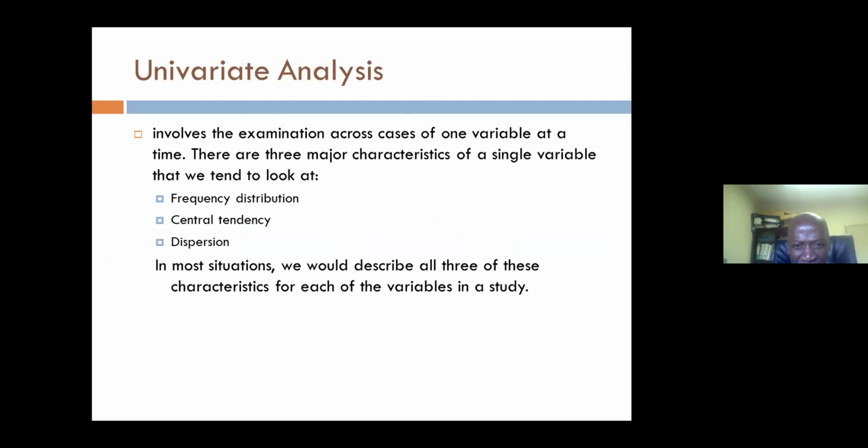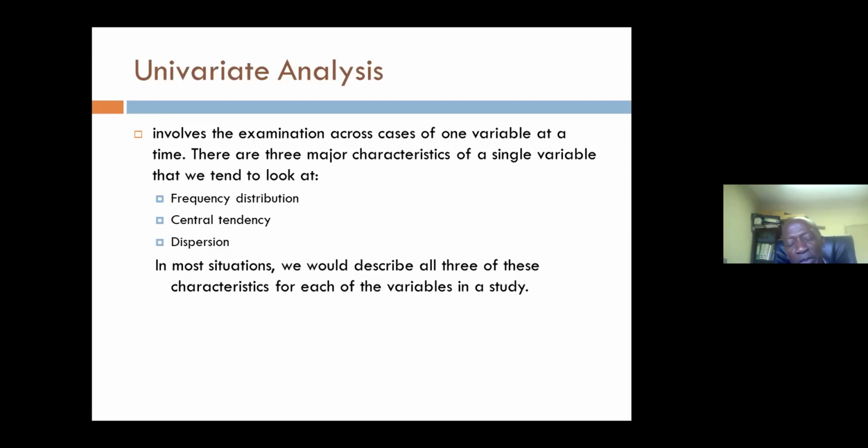This involves the examination across cases of one variable at a time, and there are three major characteristics of a single variable that we tend to look at. We can look at the frequency distribution, in the form of graphical presentation, measures of central tendency, or measures of dispersion or variation. We can describe all these three approaches so that we have an in-depth understanding or feel of the variables that we'll be looking at.